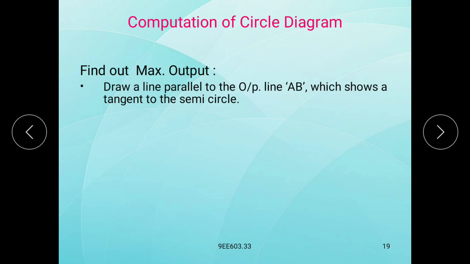Find out maximum output. Draw a line parallel to the output line AB which shows a tangent to the semicircle.